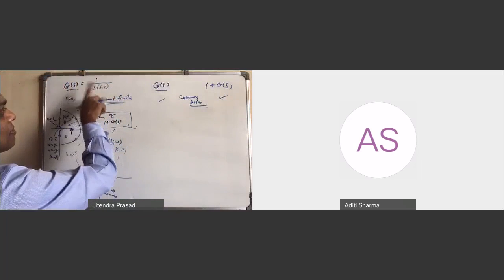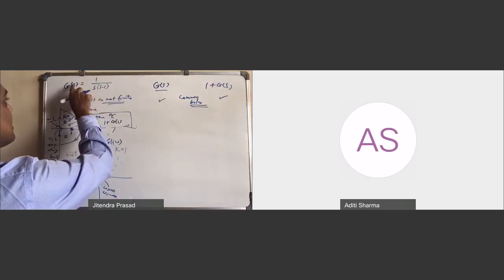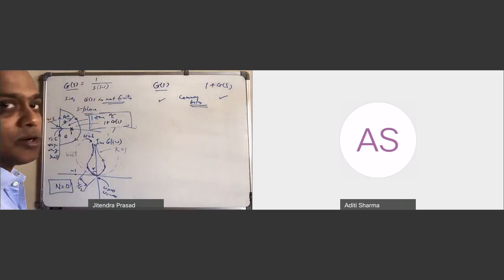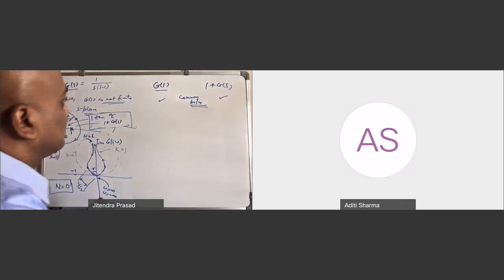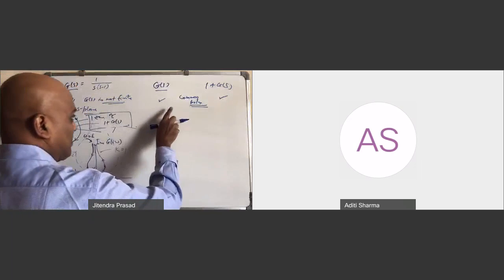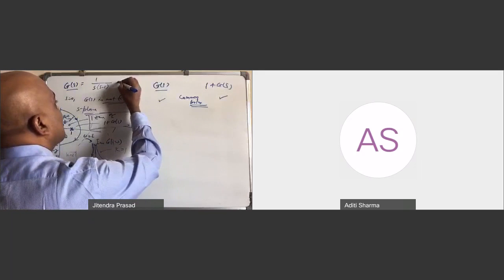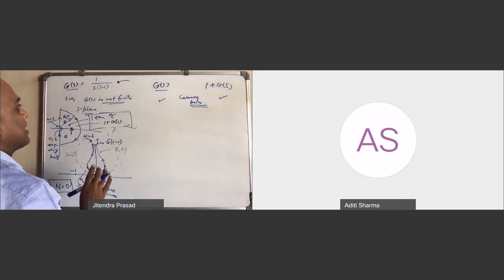Since you have it like this, when we are talking about the G(s), this one, right? Yes or no? Yes, sir. Okay. Now the only thing is, from here you can find out how many poles are there on the right side.